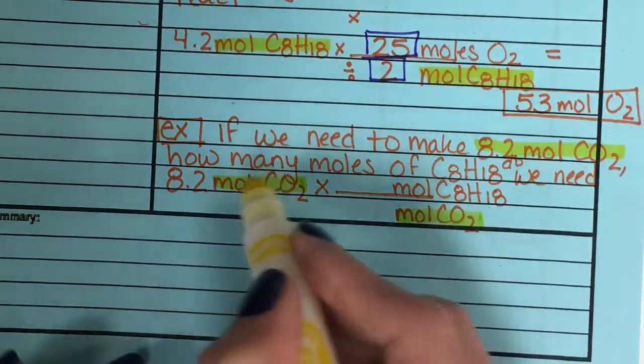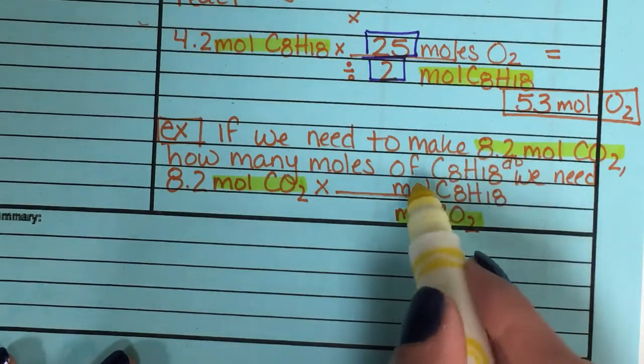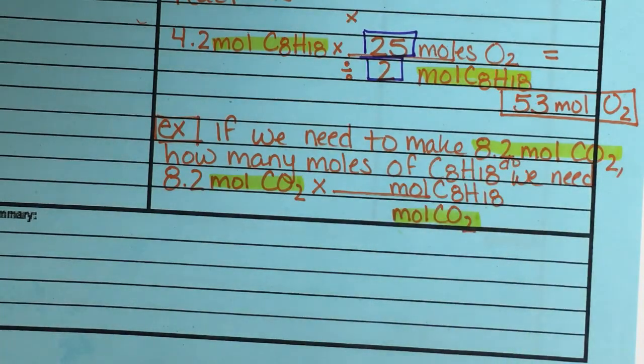Okay, remember, whatever I start with goes on the bottom. Whatever I'm changing to goes on top. Whenever I change from one element or compound to another element or compound, I have to look at the chemical reaction to see how they're related.